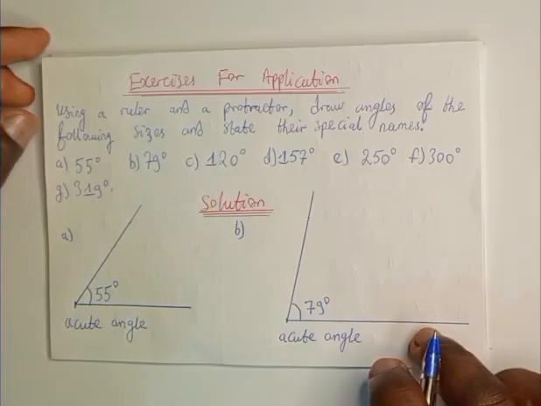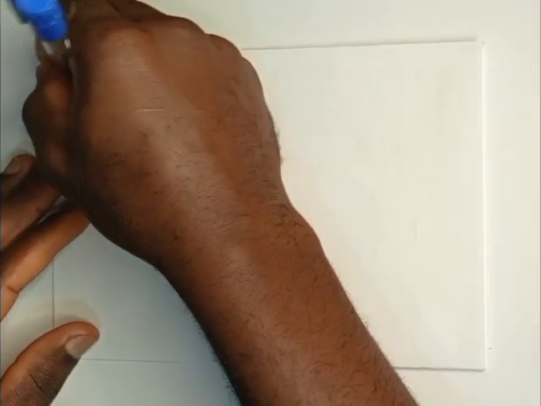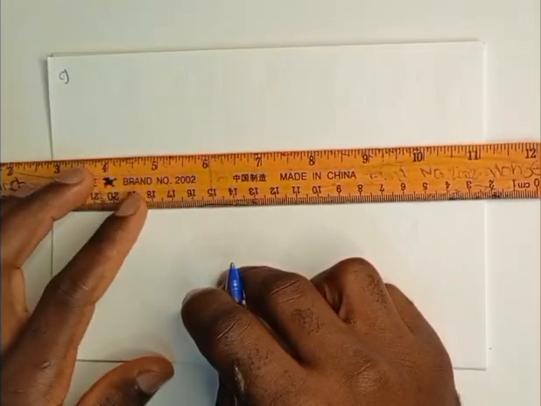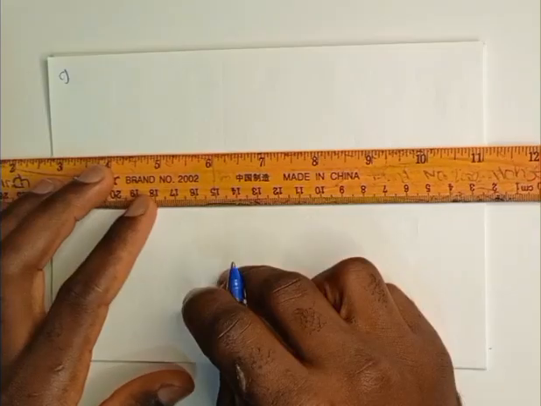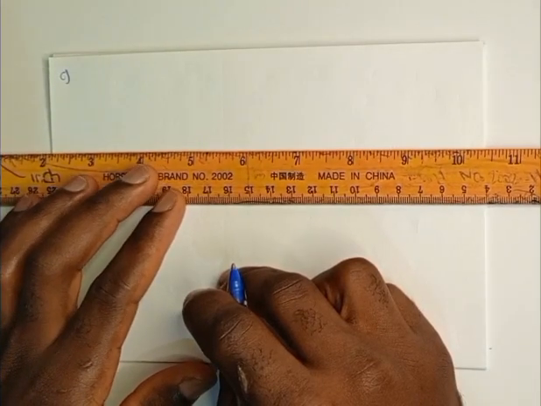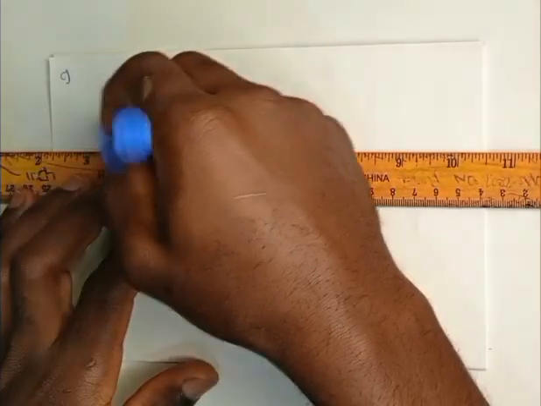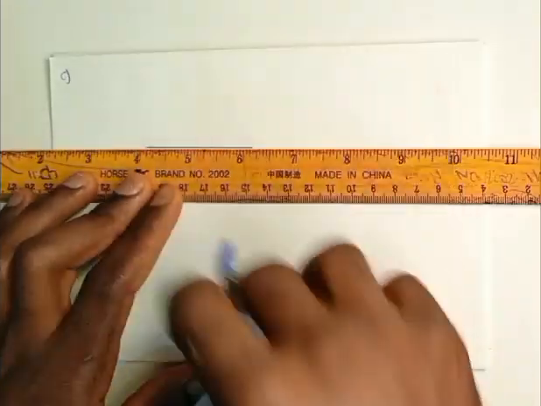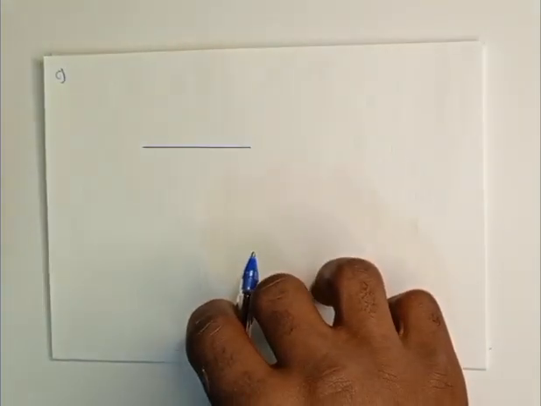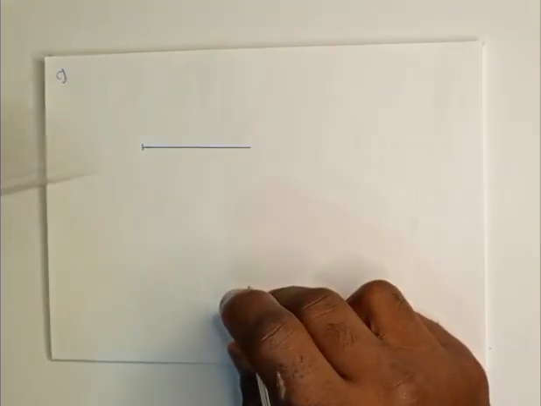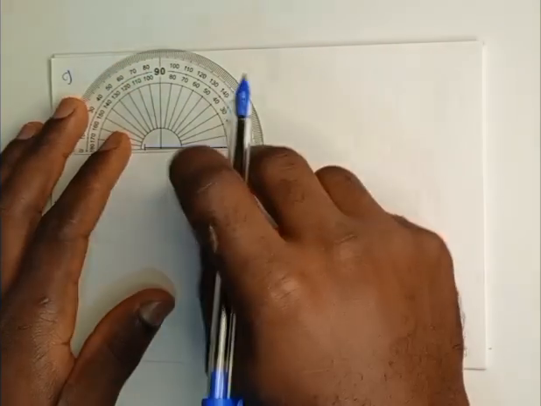We move now to C, which is 120 degrees. We draw the initial line. We arrange our protractor to lie on this initial line.